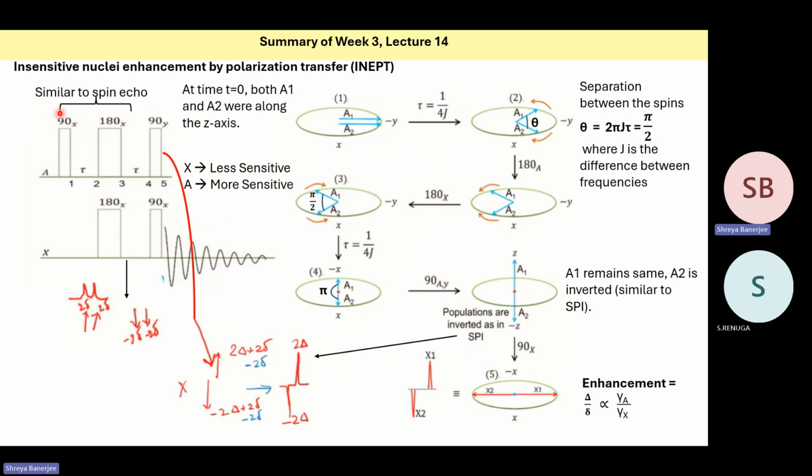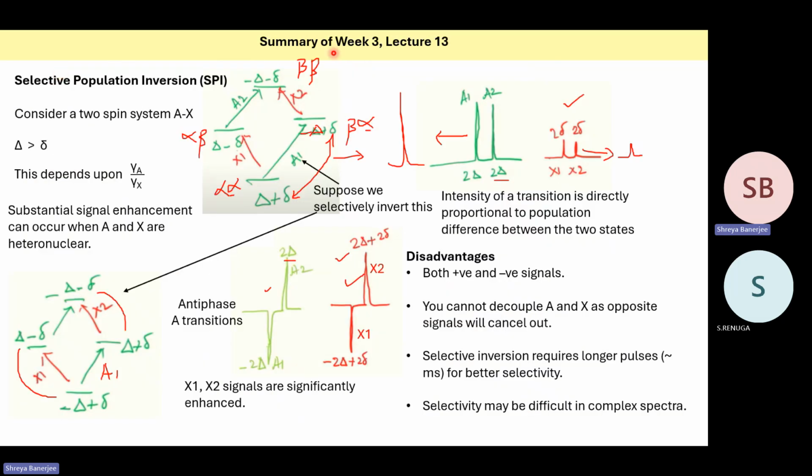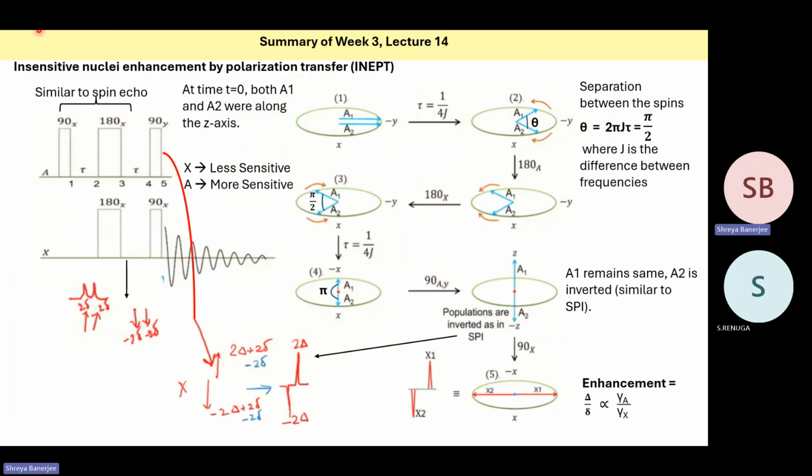The first part of INEPT is very similar to the spin echo that we studied. So first, there is a 90-degree pulse that is forcing all the magnetizations. Here we are imagining a system where we have A1, A2 and X1, X2. So we are imagining the two spins A1 and A2.